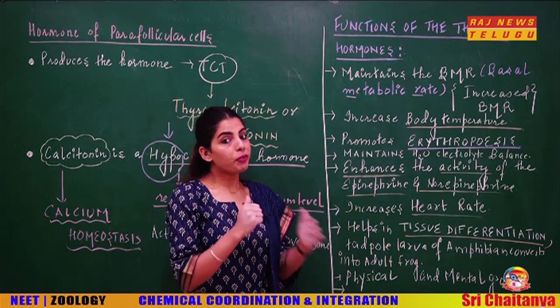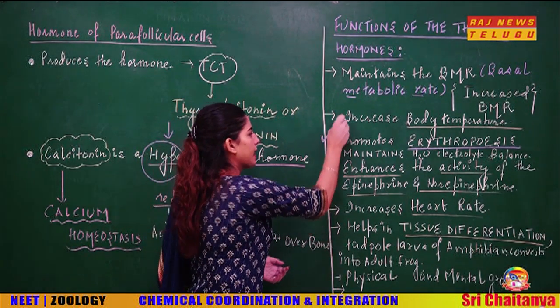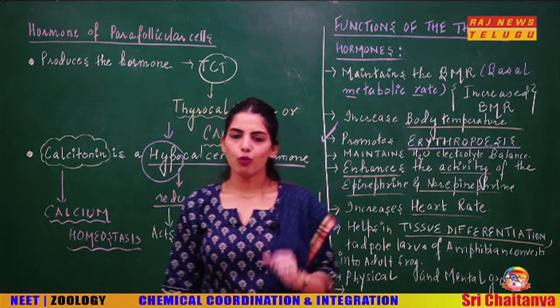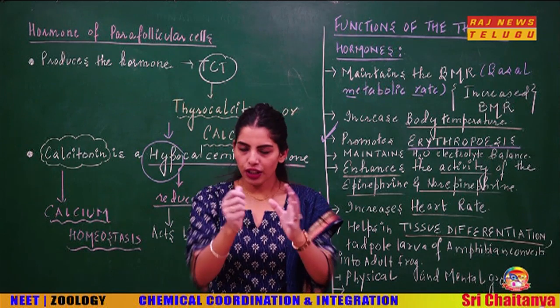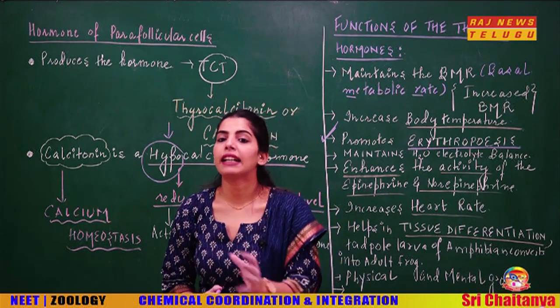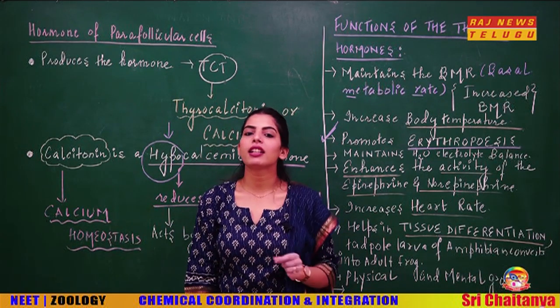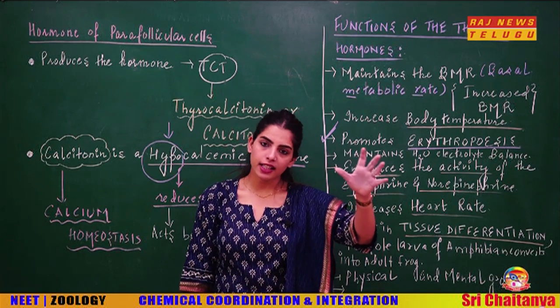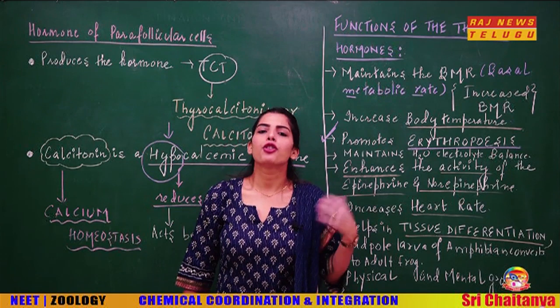Now let us see the other functions of the thyroid hormone. Again, this point, erythropoiesis. What is erythropoiesis? Students, we know the term hematopoiesis. When we say hematopoiesis, hemato is related with blood, and it covers all blood cell formation: white blood cells, red blood cells.